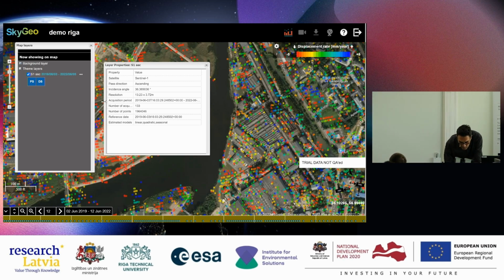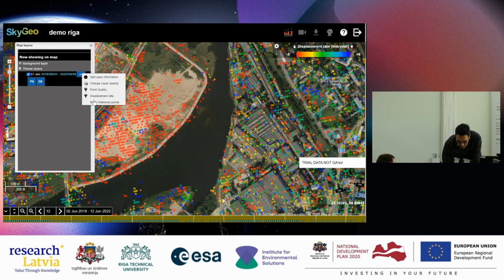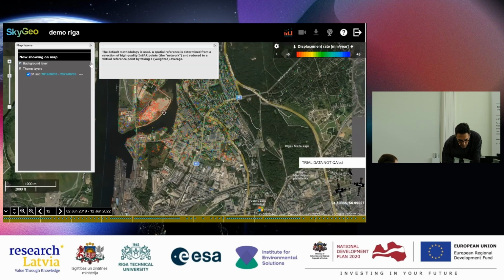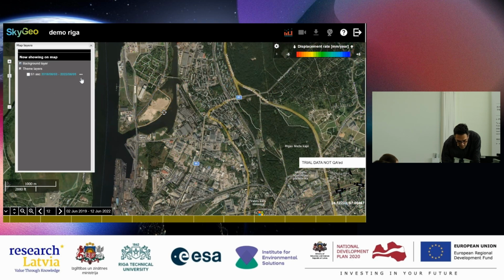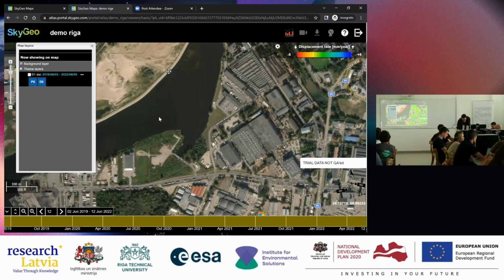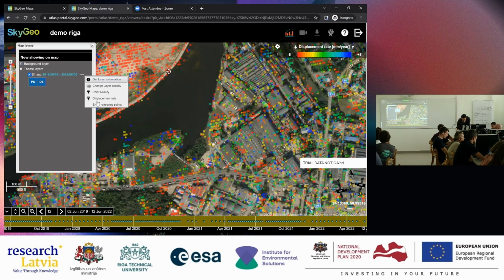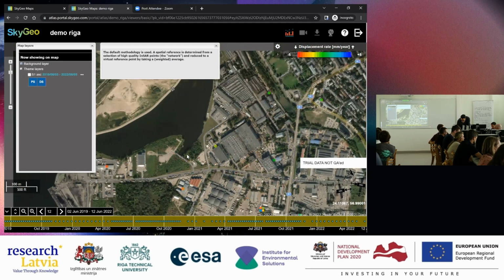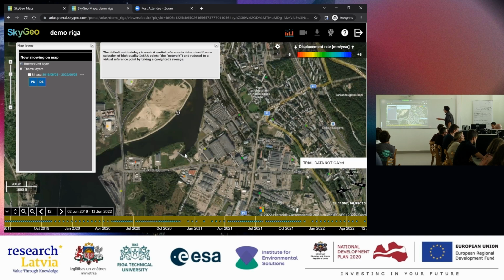Now what you can do here, let me see, show reference points over here. If I switch off these things and say show reference points, now you're going to see a grid of isolated points.